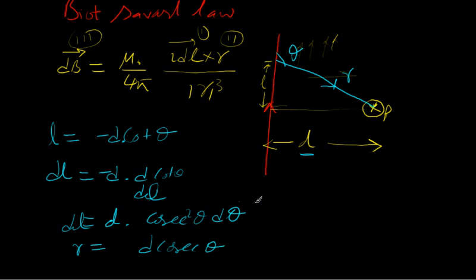If we put this over here, what we get is I dL R, meaning I dL sine theta.